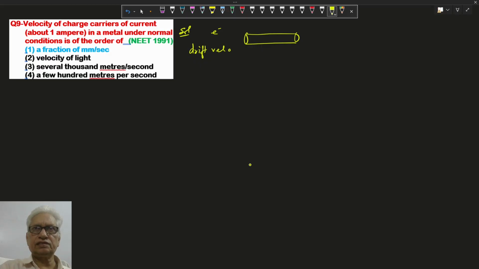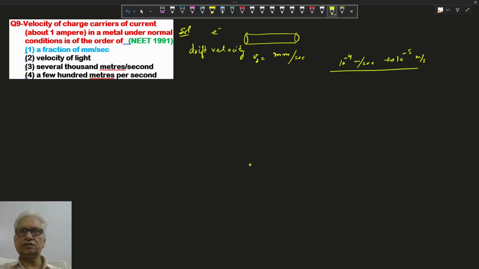Due to frequent collisions, this drift velocity is very small, of the order of a fraction of a millimeter per second, of the order of 10 to the power minus 4 or minus 5 meter per second. This is the speed of electrons with frequent collisions with neighboring atoms. Here option 1.